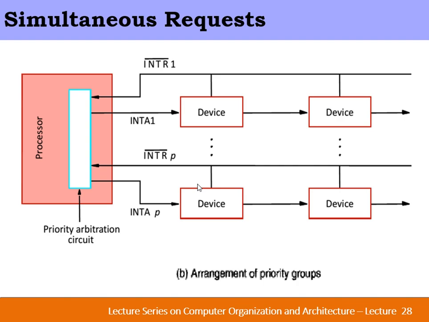So the one very close to the processor gets service first. One set of devices having the highest priority, all those IO devices are going to get serviced, and then it comes to the second level, which has less priority compared to the previous one. All such IO devices are going to get service the second time, and so on.